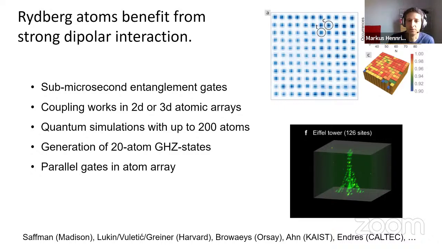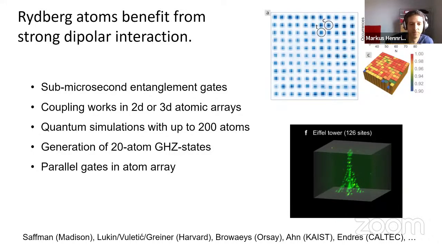They have 2D and 3D atomic arrays, in which they can couple the individual atoms next to each other, and they can perform quantum simulations with up to 200 atoms. This was a recent experiment by Antoine Browaeys in Orsay. They have also demonstrated the generation of 20-atom GHZ states, which is very comparable to the trapped ion system.